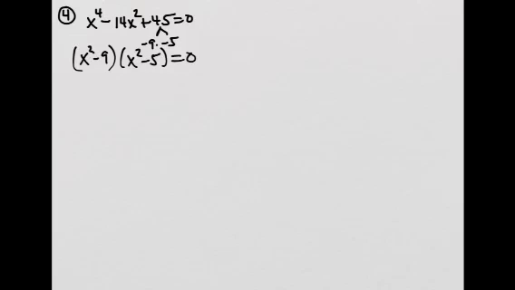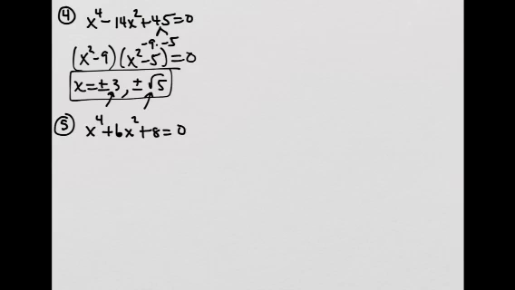And so for the first factor, x is plus or minus 3. For the second factor, x is plus or minus square root of 5. 2 real, well actually 4 real, 2 of them are rational, and these 2 are irrational, but they're all real.